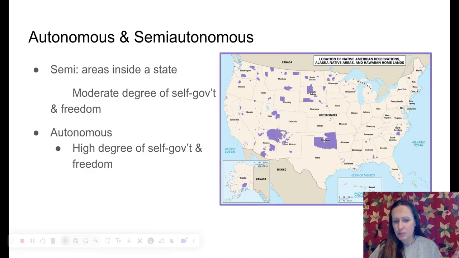The next type would be autonomous. Autonomous regions or autonomous nations have a high degree of self-government and freedom. So you have areas like this in New Zealand, the Cook Islands, for example. But also the United States has autonomous regions in the Native American reservations, as illustrated by all the purple areas here.